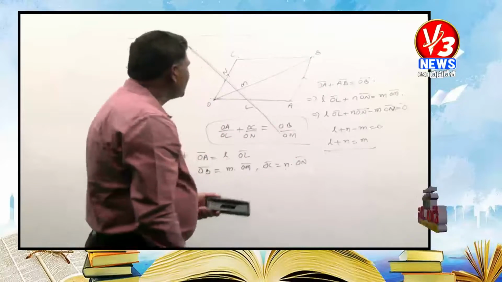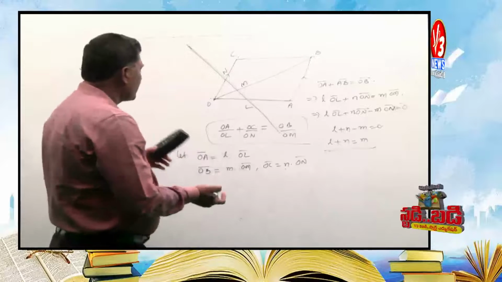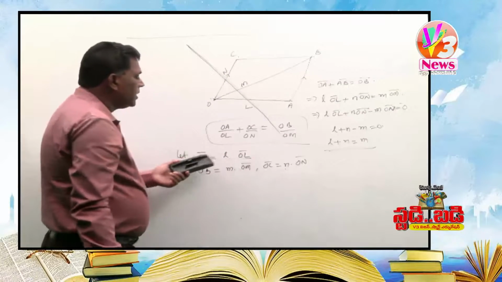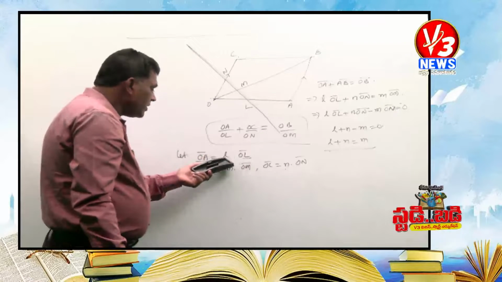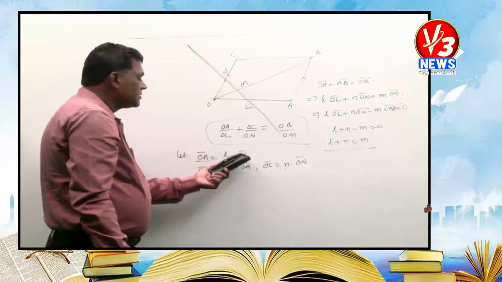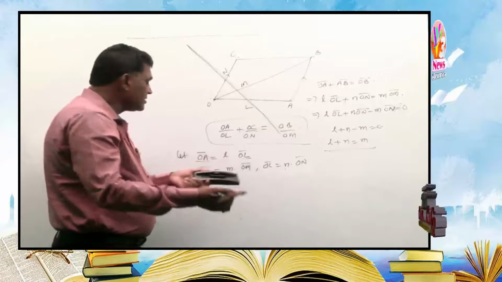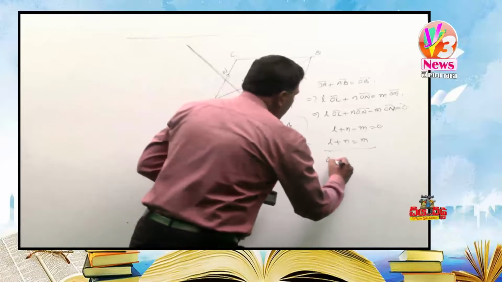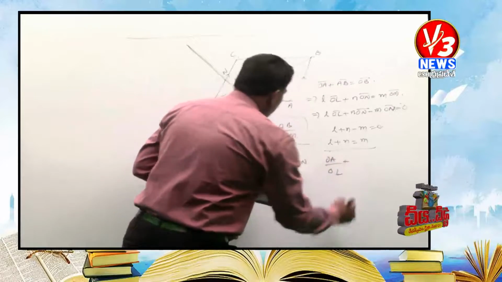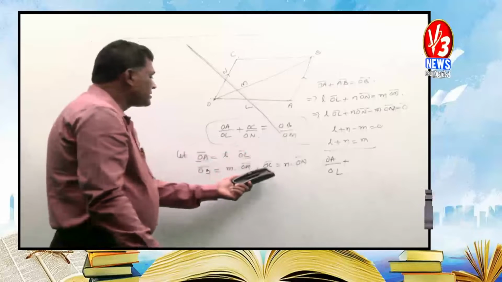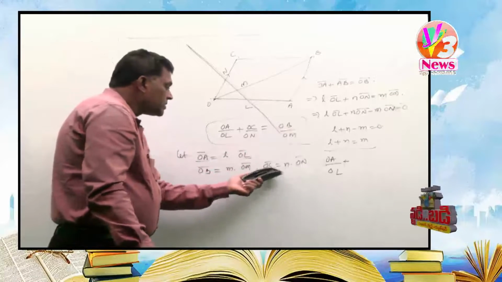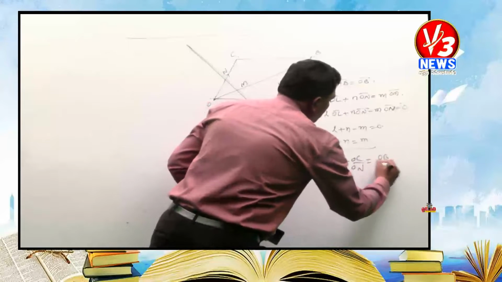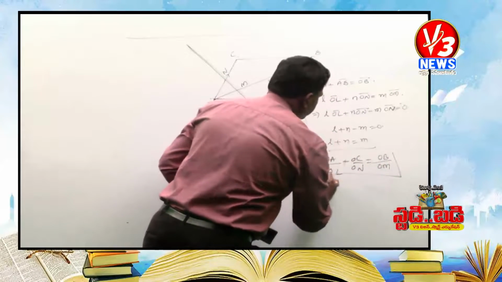Just observe what L is in this. OA bar equals L into OL bar, so L will be the modulus of this by the modulus of this. If you apply modulus, their lengths will come. So L is nothing but OA by OL, plus N is OC by ON, equals OB by OM.